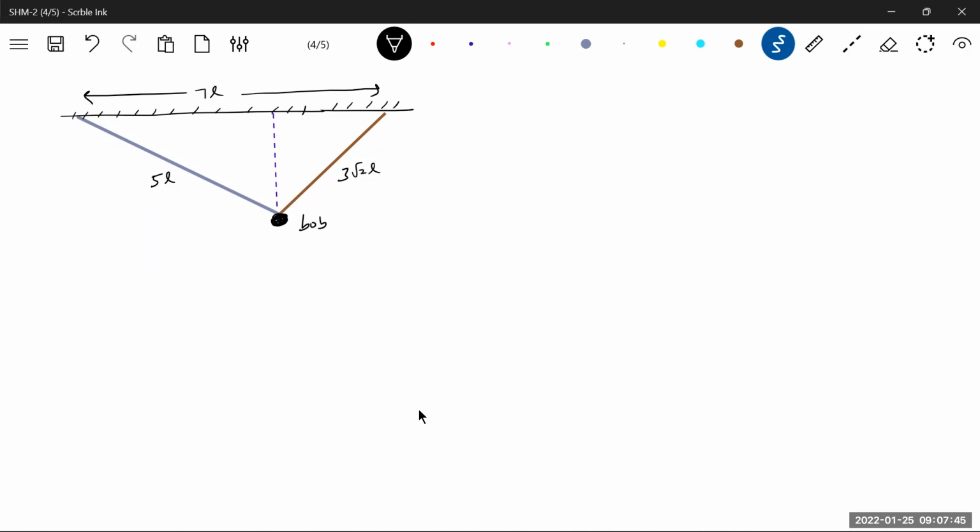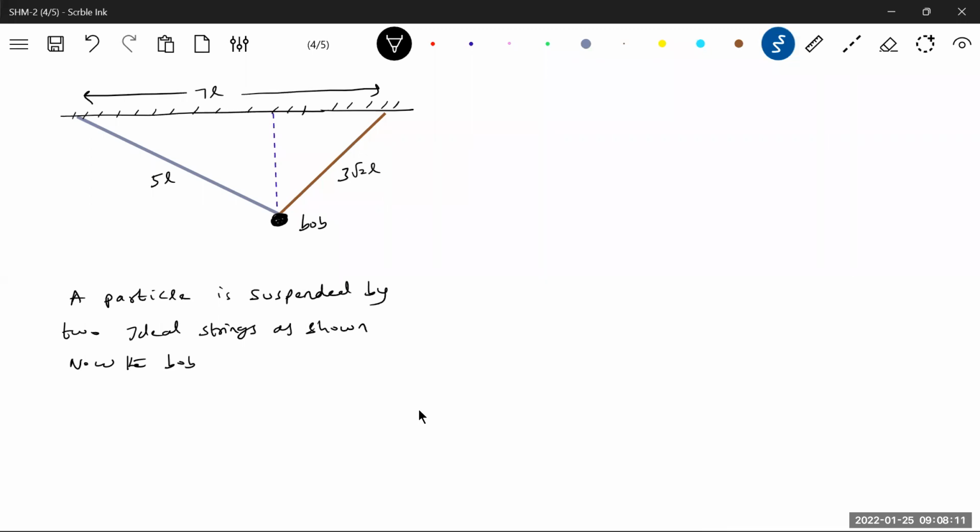So, a particle, let me describe the question. A particle is suspended by two ideal strings as shown.